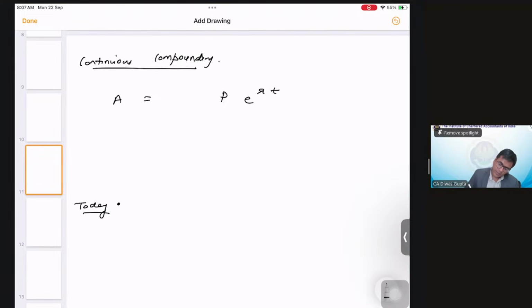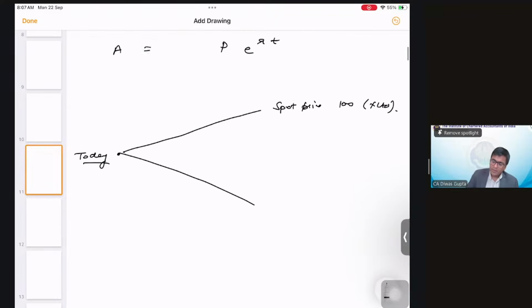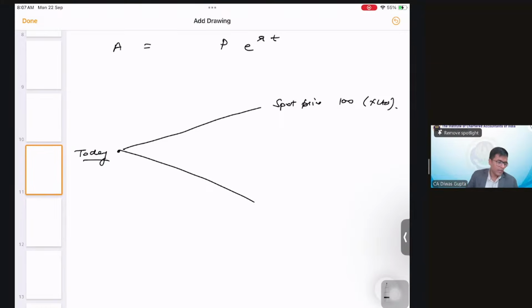Whatever is the spot price, I am assuming it to be 100, of X Limited's underlying. So there will be three different futures that are running on this at any given point of time, which is 1 month expiry, 2 month expiry, 3 month expiry.